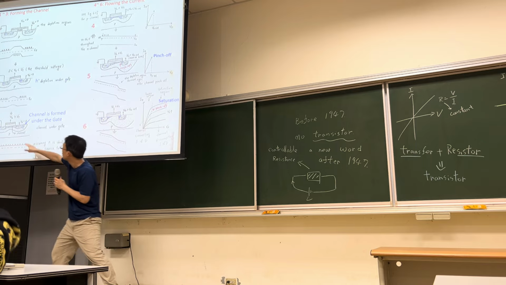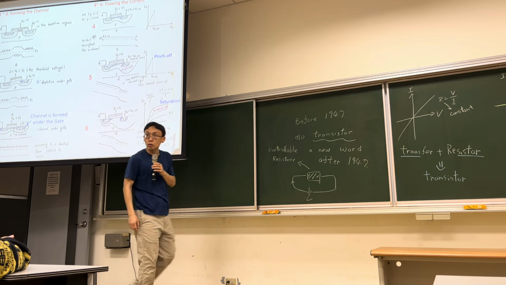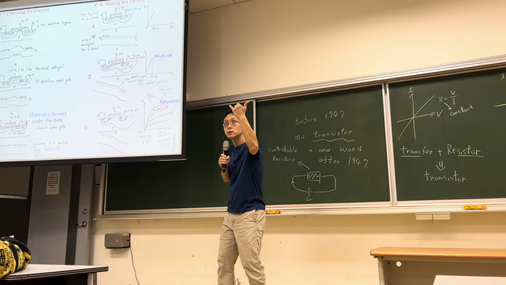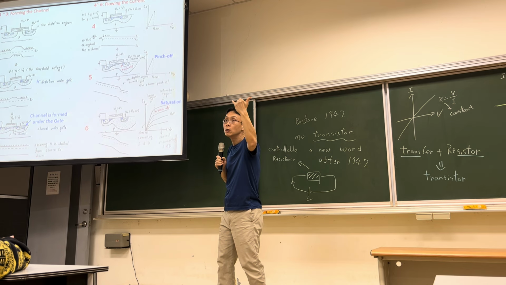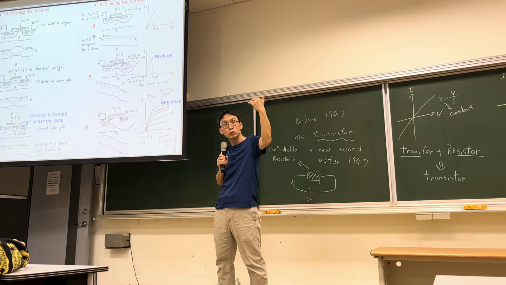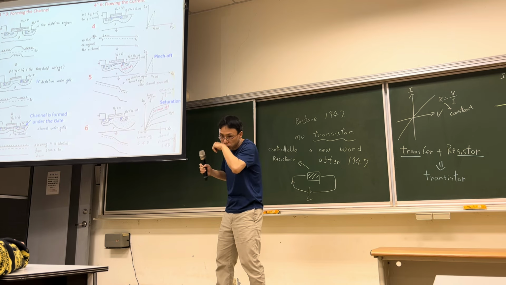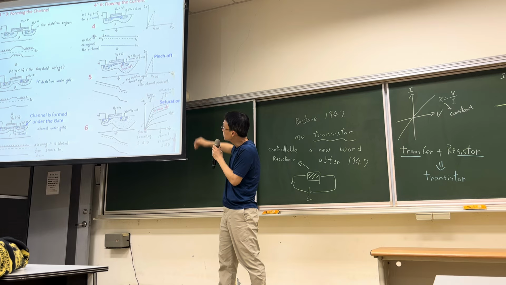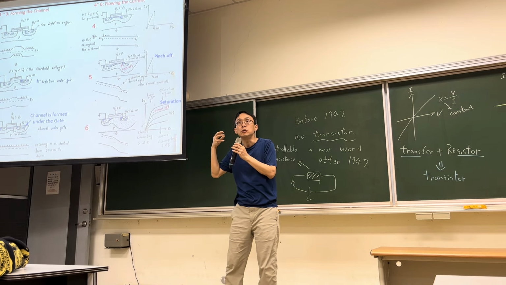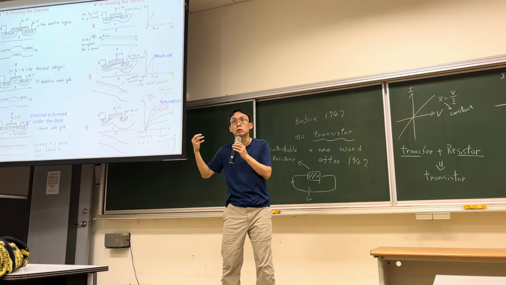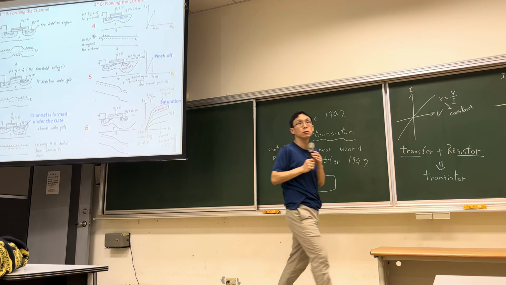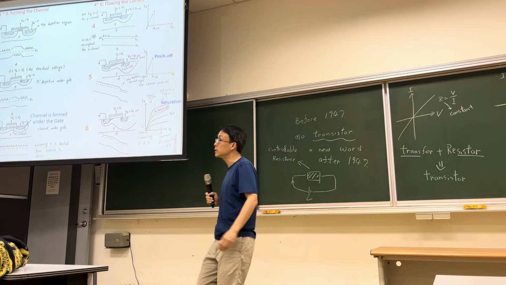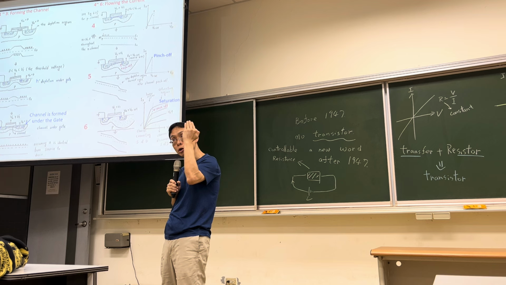So in total, you will have 6 band diagrams to draw. The first 3 are to induce the channel. The last 3, from 4, 5, 6, are to induce the saturation current. So you can see the key step in the channel induction.